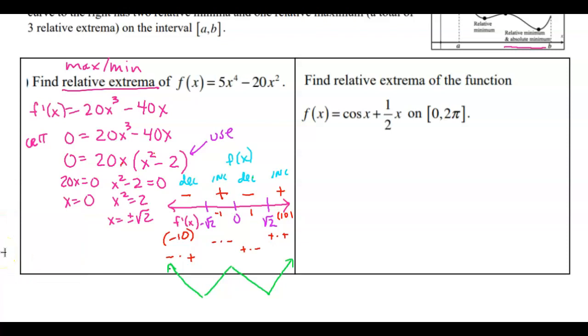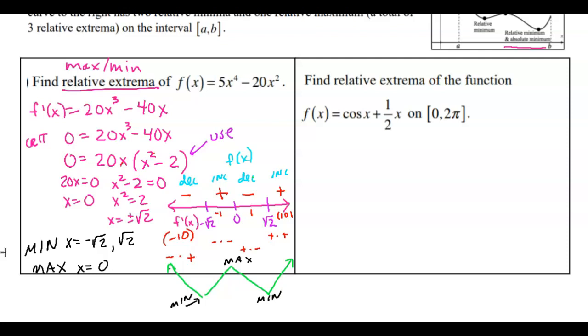So those are not extrema, but I have a minimum, and I have a maximum because it's a high point. And so then I just say min at this one, x equals negative root 2, and we had one over here at positive root 2, and a max at x equals, it was at 0. If they want the point, you would have to take these x values and plug them into the original to find the y value. Typically, because of time, they just want the x value.